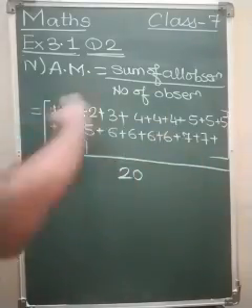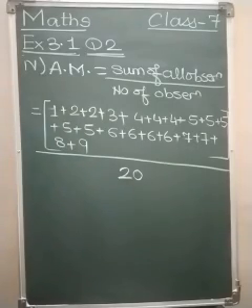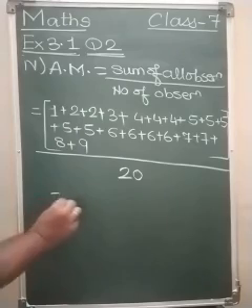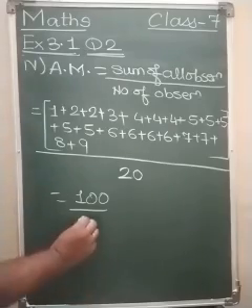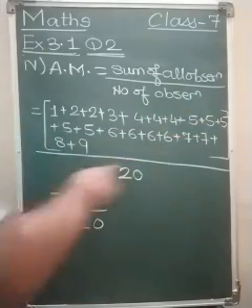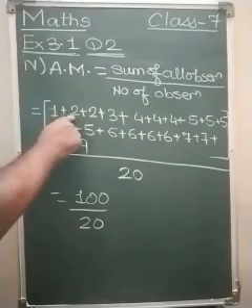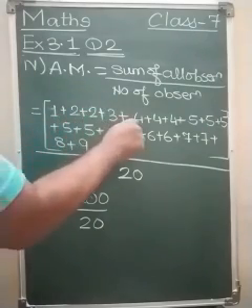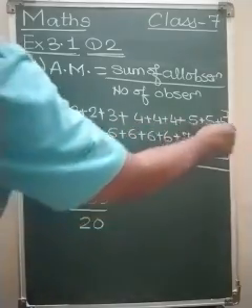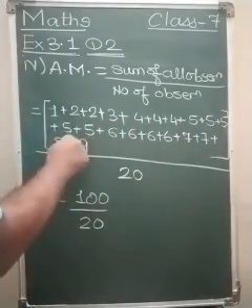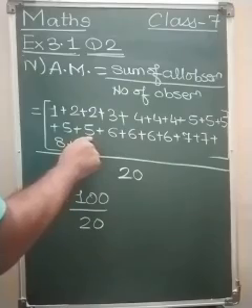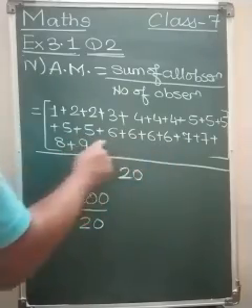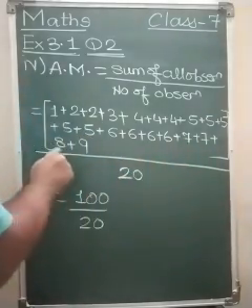If you add all these things, the answer comes to 100 divided by 20. See here, 1 plus 2, 3, 4, 5, 6, 7, 8, 8 plus 12, 20, 20 plus 20, 40, 40 plus 5, 45, 45 plus 24, 24 plus 14, plus 8 plus 9.